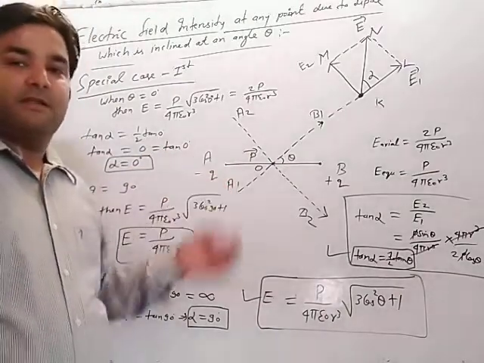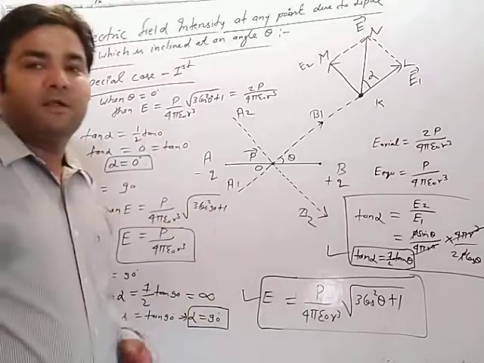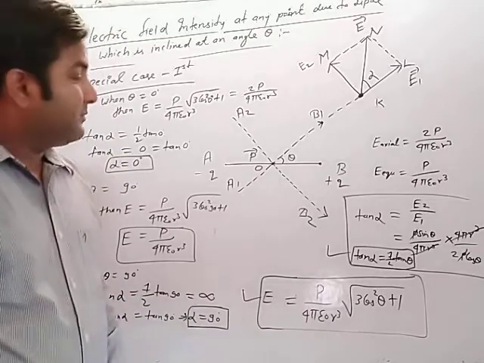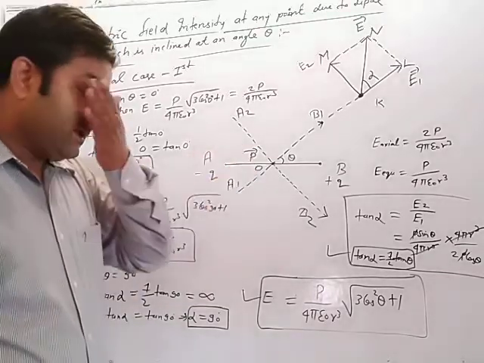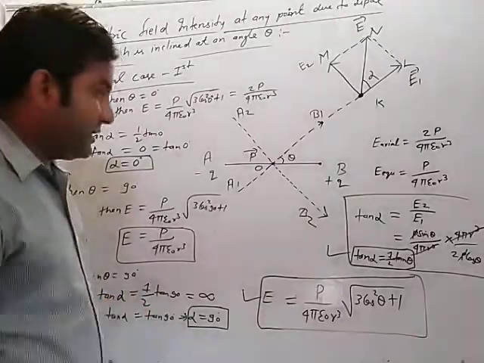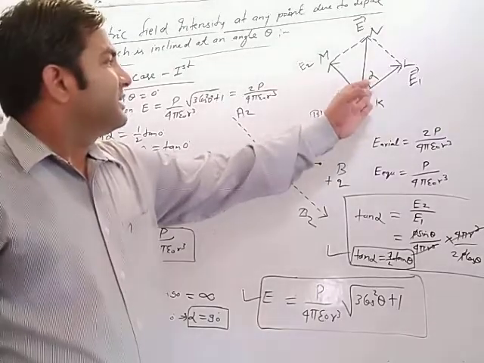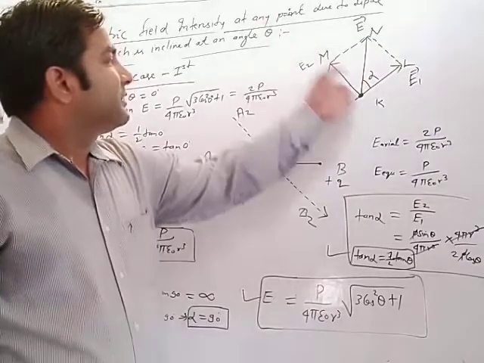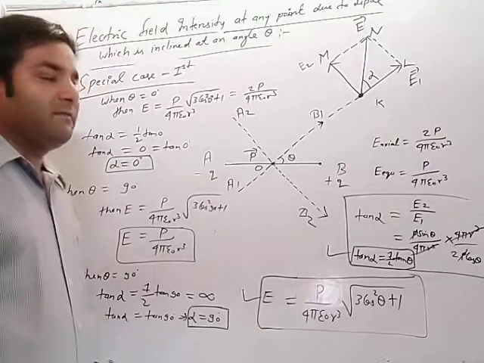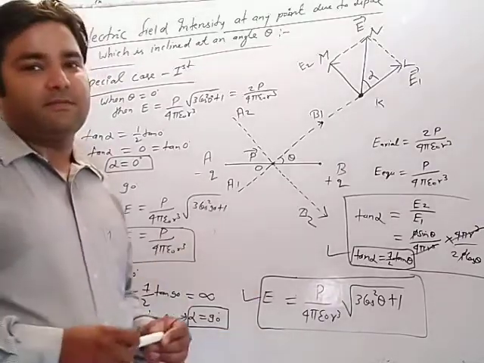As we know from the earlier derivation, the intensity direction in the equatorial case is just opposite to the direction of the dipole moment. The direction of the dipole moment is from negative to positive charge, but the intensity in this case, when we calculate the direction, alpha will be 90 degree, and it is just opposite to the direction of P.